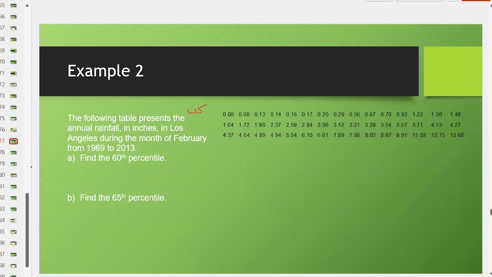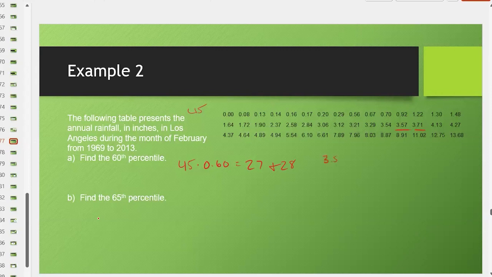If we want to find the 60th percentile, we're going to do 45 times 0.60, which is going to give us 27. So we want the 27th number and the 28th in the list.